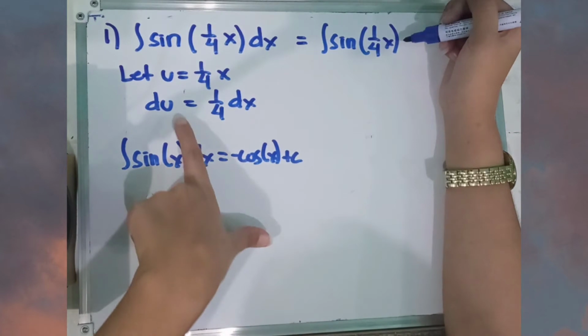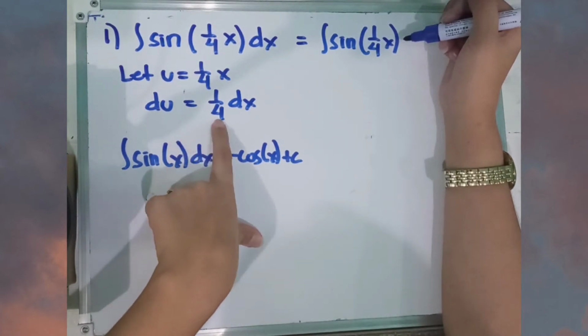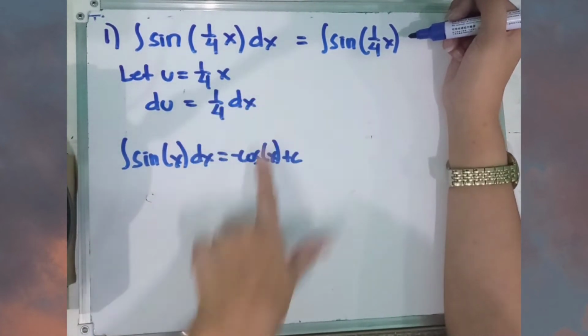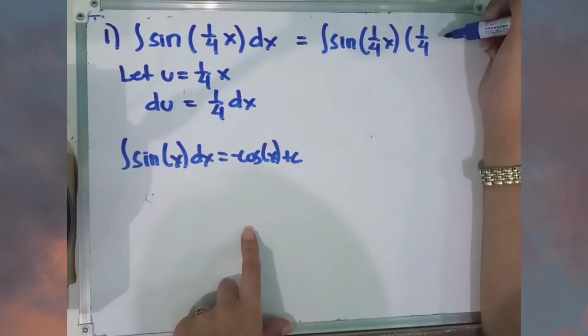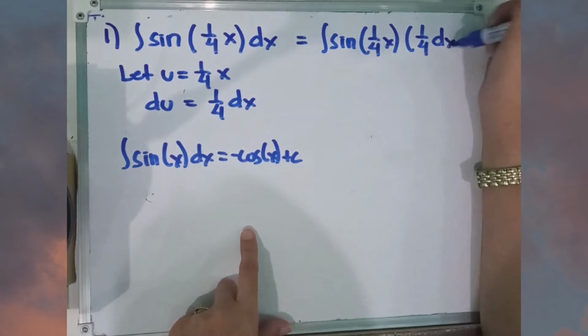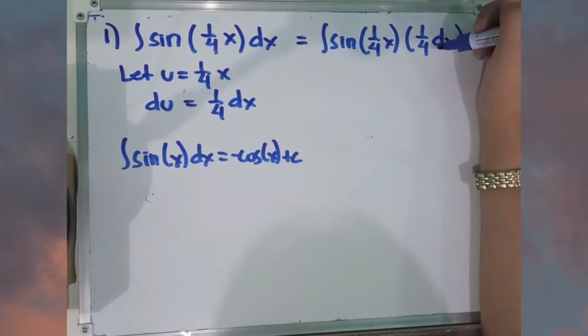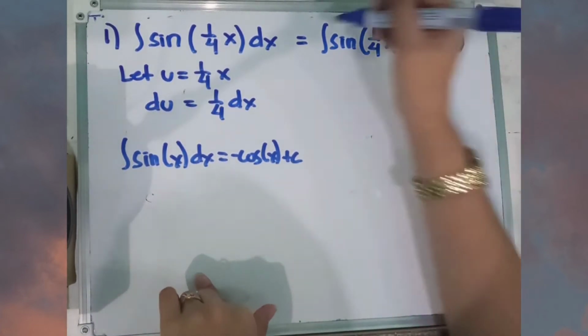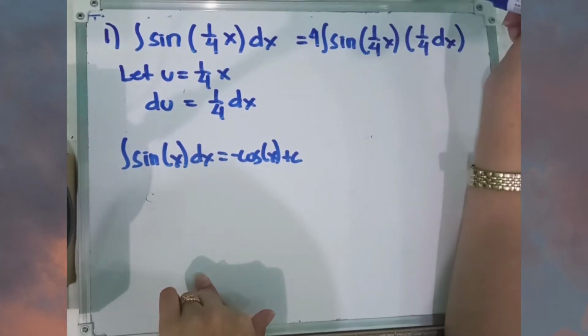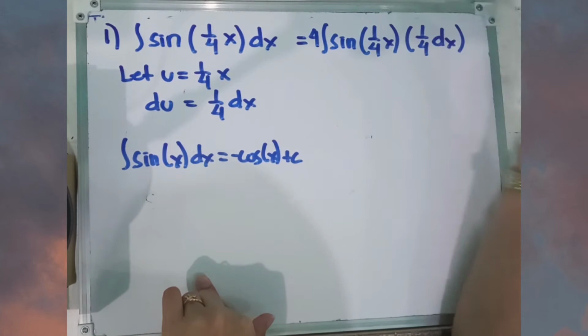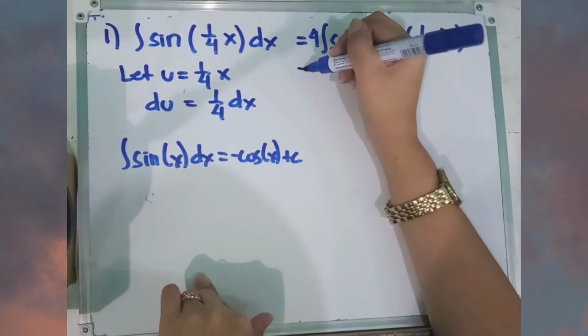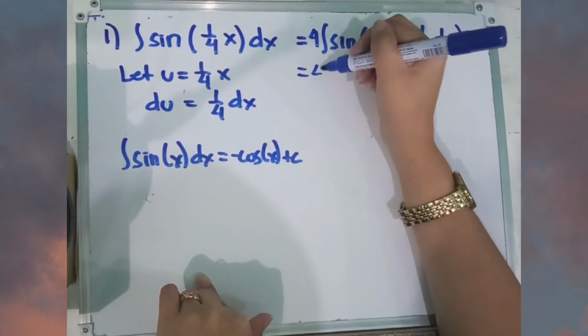Now, since du here is 1/4 dx, we can write this part as 1/4 dx. Since we put 1/4 here, we need to put 4 outside of our integral symbol in order to offset 1/4. So that's equal to 4.